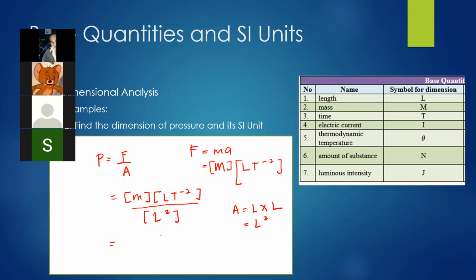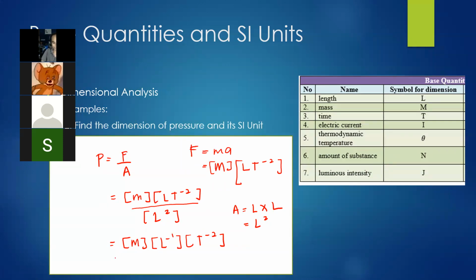Okay, so what happened here? What is the answer? M. How about the L? What happened to the L? L negative 1. T negative 2. Okay, so that will be the dimension of pressure.